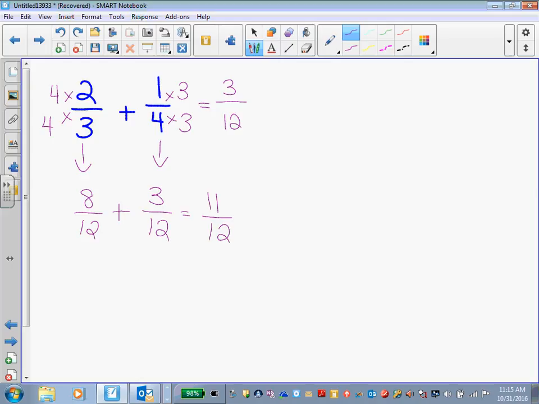Okay, definitely not 5. All right, 2. 11 divided by 2 is what? 11 divided by 3 is what?